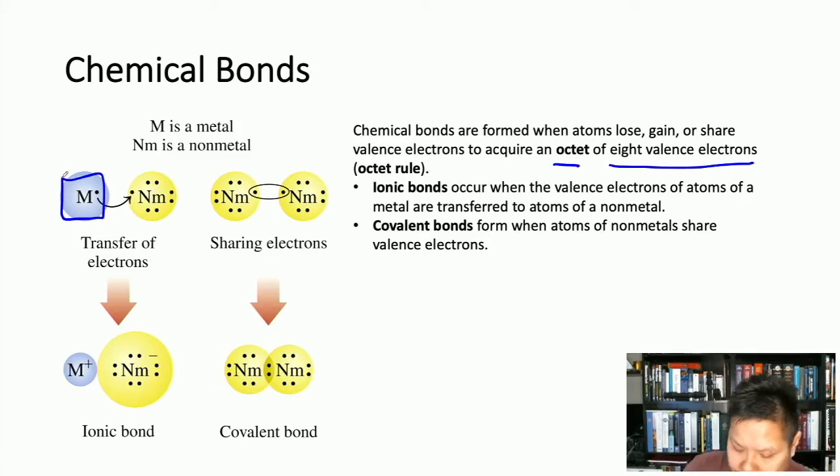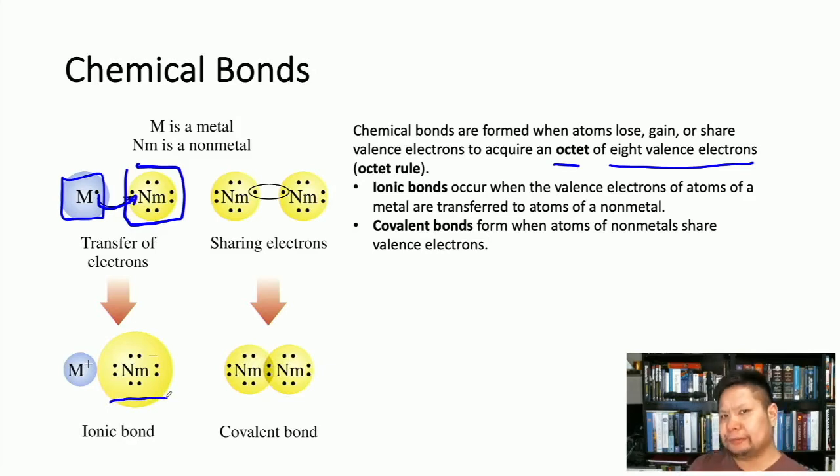You have a nonmetal over here that only has 7 electrons in its outer shell, missing one. It only needs one more to get a full outer shell, so the metal could come over and transfer one of its electrons to the nonmetal, and then the nonmetal will have 8 in its outer shell.